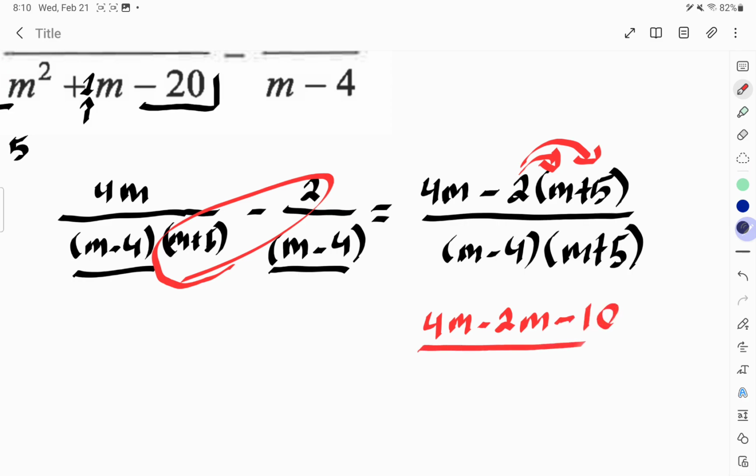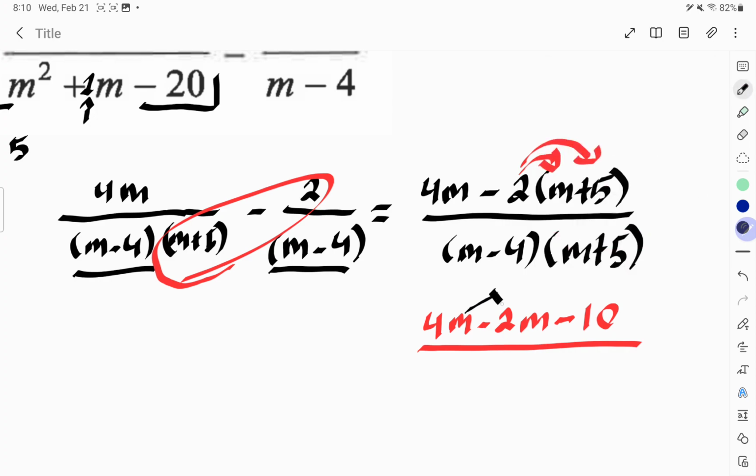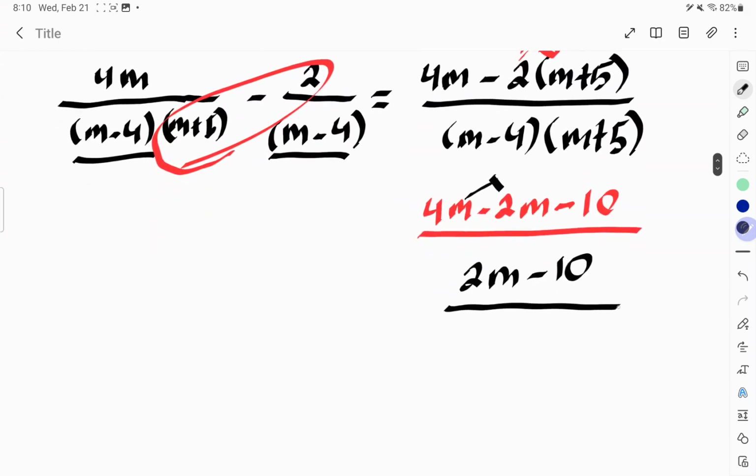We have our top already set up. Let's simplify even further. I'm going to combine those two: 4m minus 2m is just going to be 2m. Now 10 cannot be combined with anything else, so we're just going to leave it: minus 10.